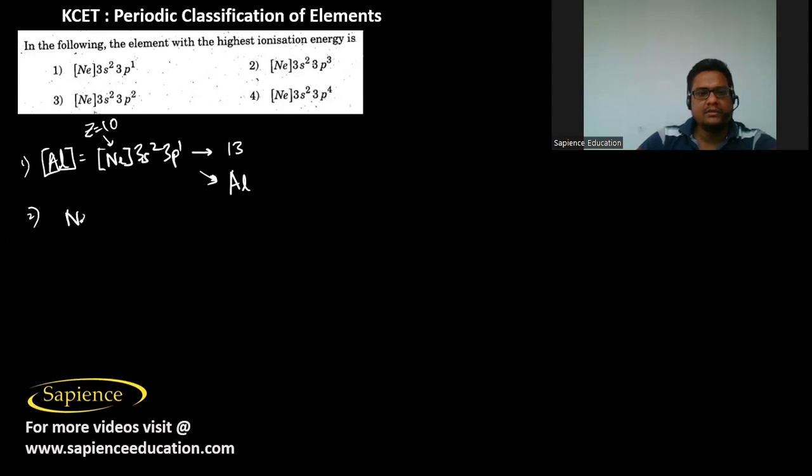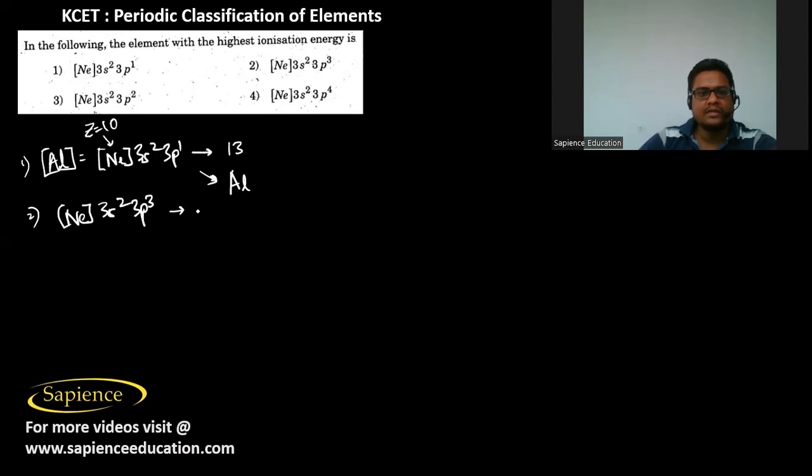In the following, the element with the highest ionization energy is: the first one is neon 3s2 3p1. Now neon has the atomic number 10, so it means the atomic number is 13, so it is aluminium. So it is the electronic configuration for aluminium. And the second one is neon 3s2 3p3.